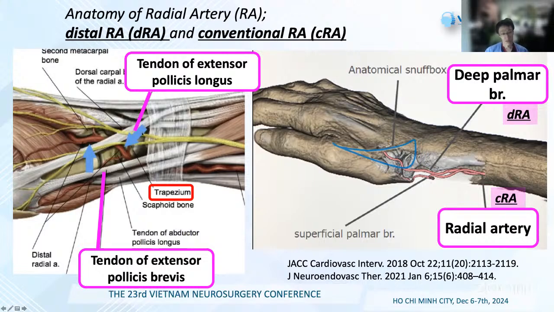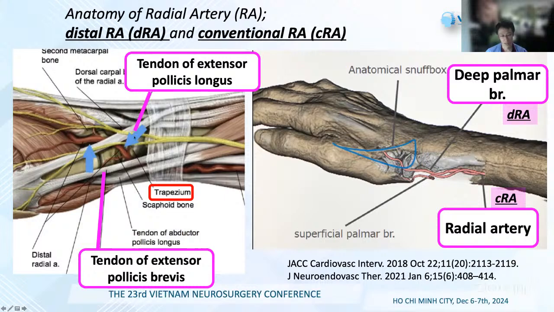So we usually puncture inside this triangle, which is called the anatomical snuffbox. It is surrounded by the tendons of extensor pollicis brevis and extensor pollicis longus, and the trapezium bone.